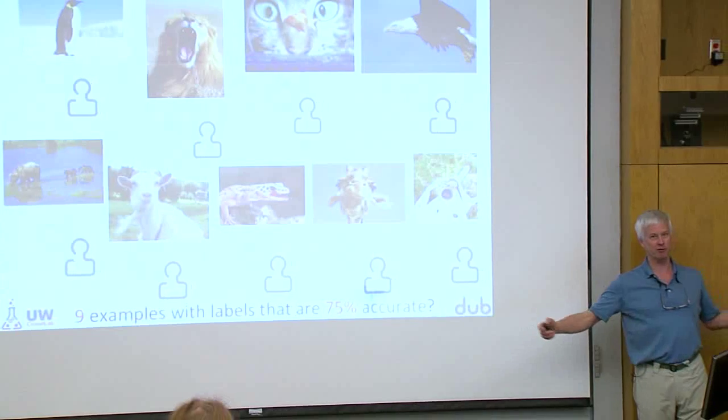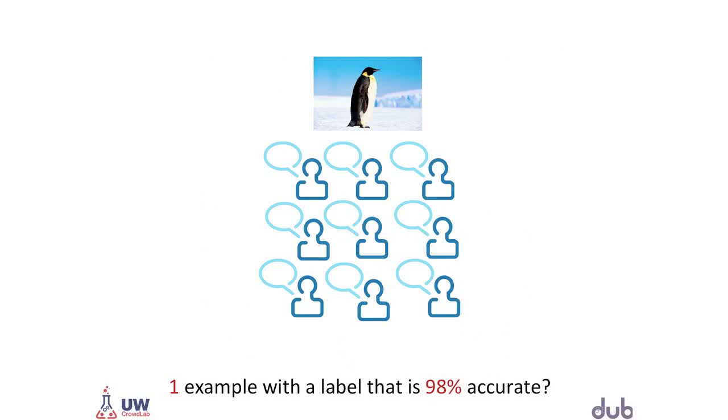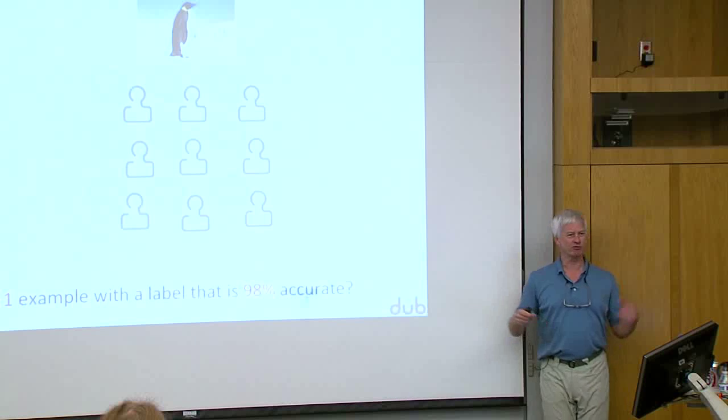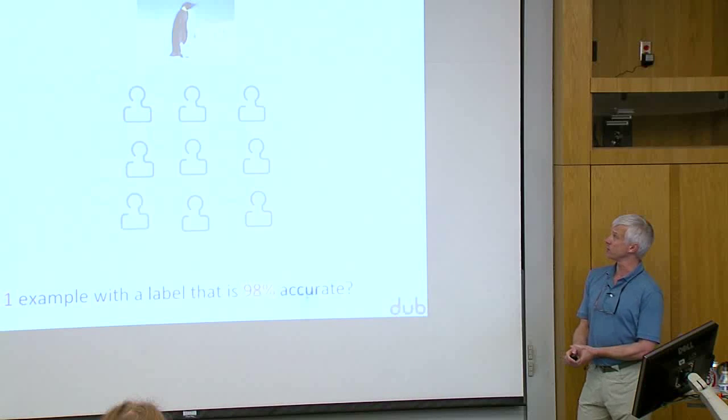And that's maybe good for our learning algorithm. Alternatively, we could do majority vote, in which case we're going to get 3 labels, and each one is going to be 84% accurate. Or we could just get one example, and then we can get 98% accurate. And so, which of these strategies is the best one for your classifier? It's not at all clear.